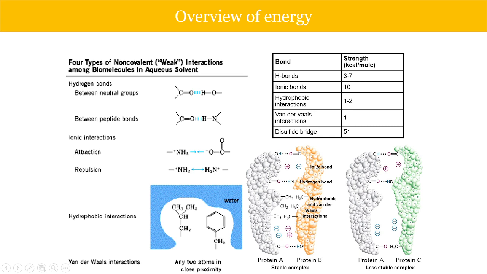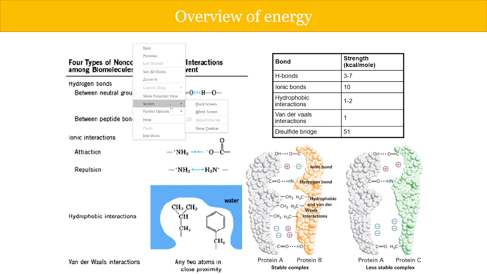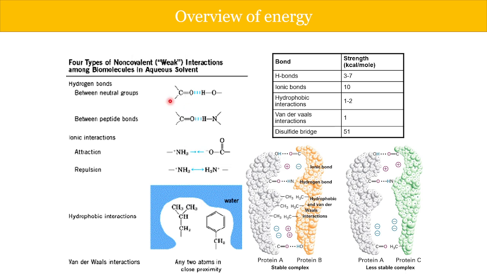Now this is an overview of the energies or the bonds which are actually involved in protein folding. There are 4 types of non-covalent, or weak, interactions among the biomolecules in an aqueous environment. Here we are assuming the protein to be in a solution, or in aqueous conditions where there are a lot of water molecules.